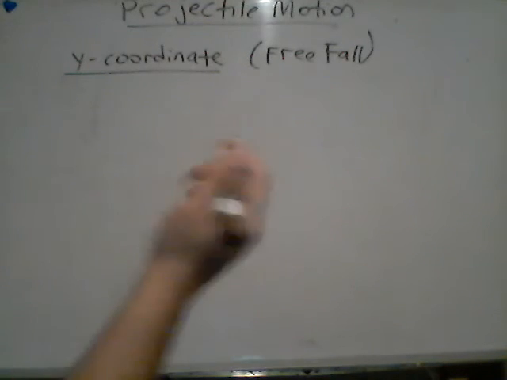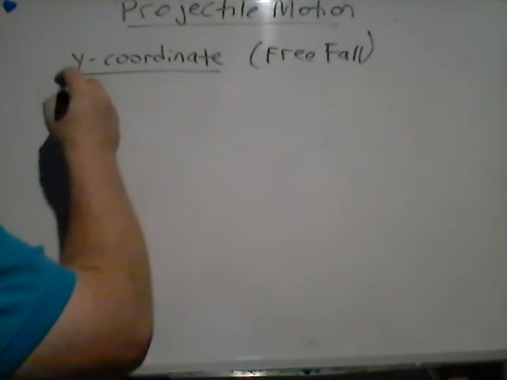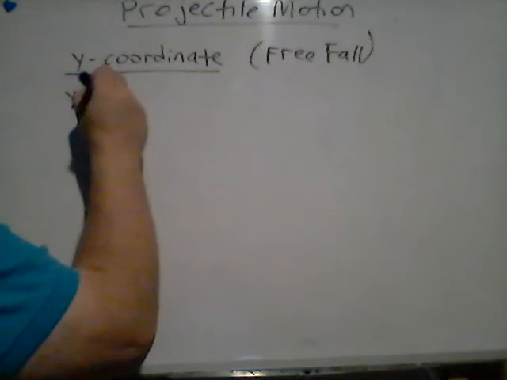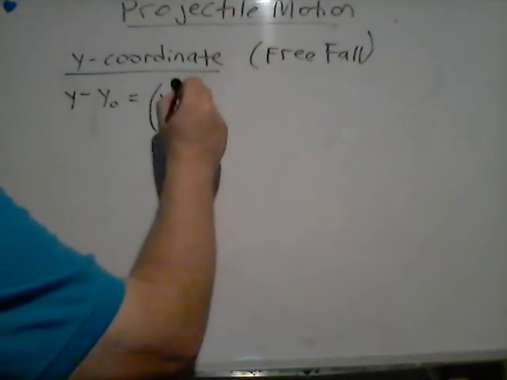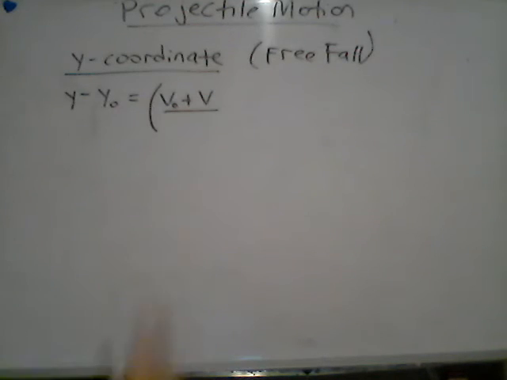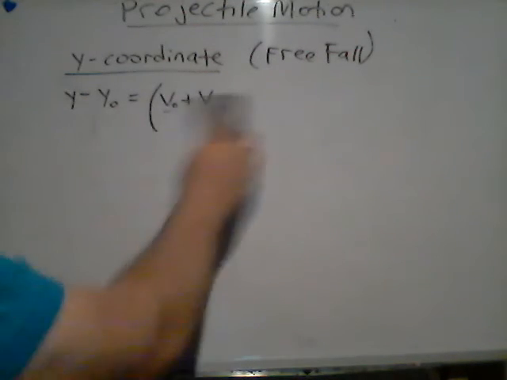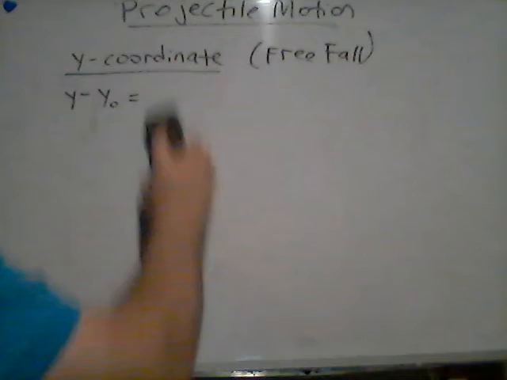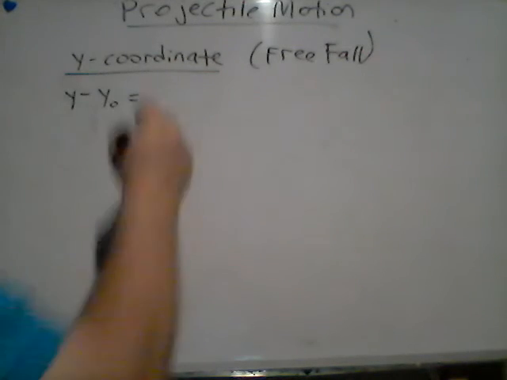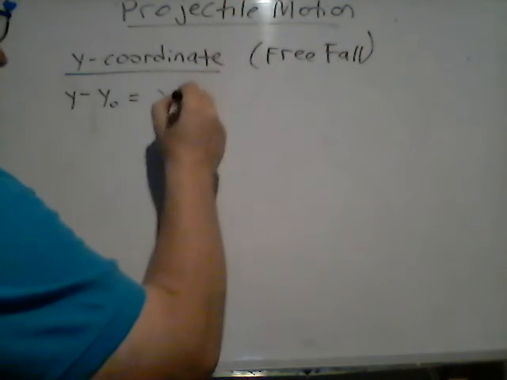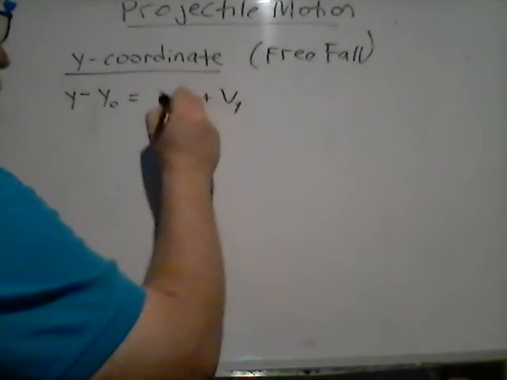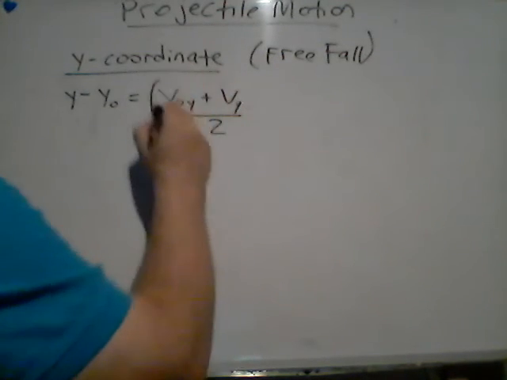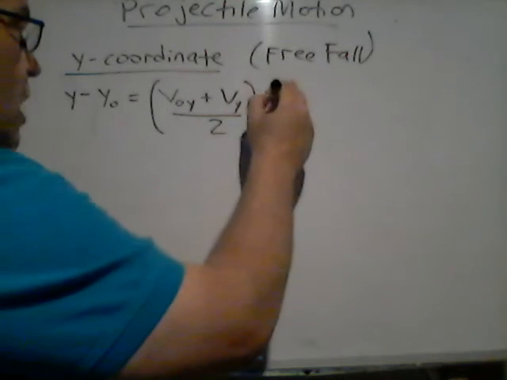So we had y minus y naught is v naught sub y plus v sub y over 2 times the time.